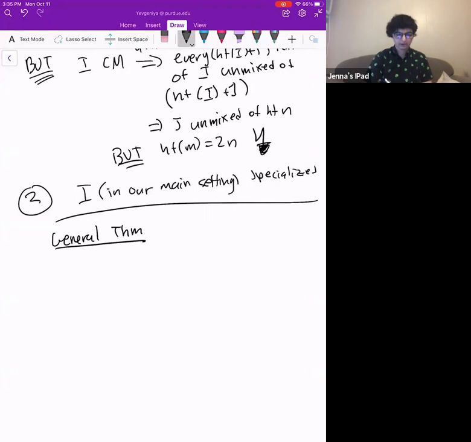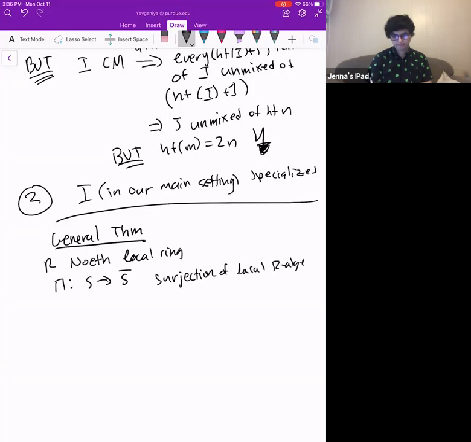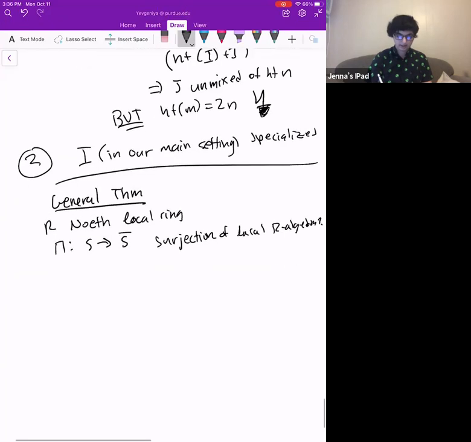So we're working with R, a Noetherian local ring. And we have pi, which is a map from S to S bar, which is a surjection of local R algebras. And we also assume that the map from R to S is a local map.